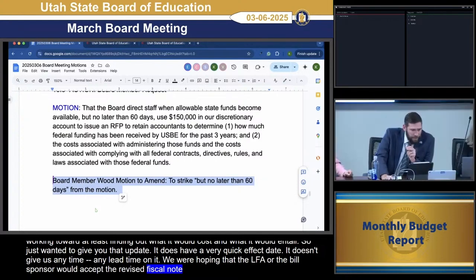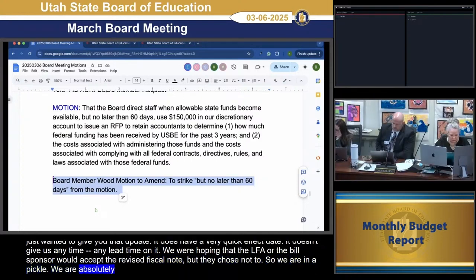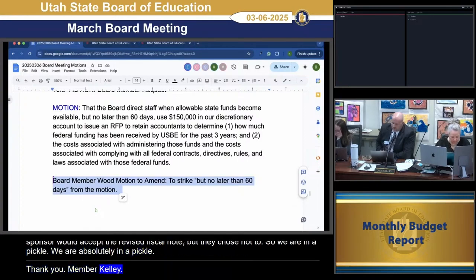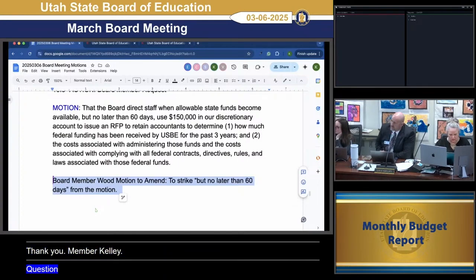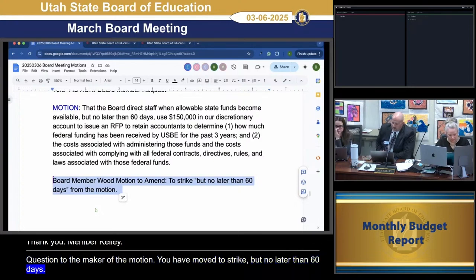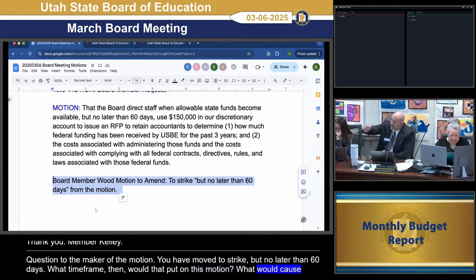Thank you. Member Kelly. Yeah, just a question to the maker of the motion. You've moved to strike but no later than 60 days. What time frame then would that put on this motion? What would cause us to not continue to move it back and to the bottom of the priority list?